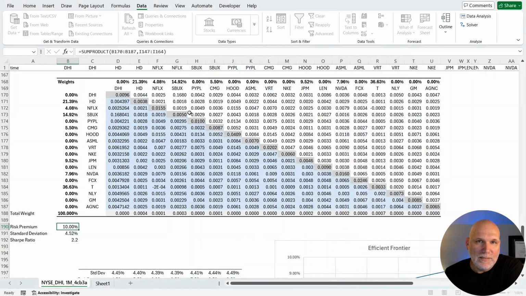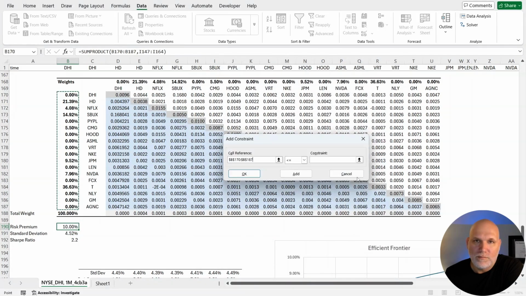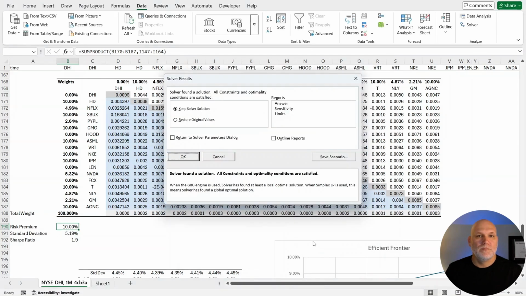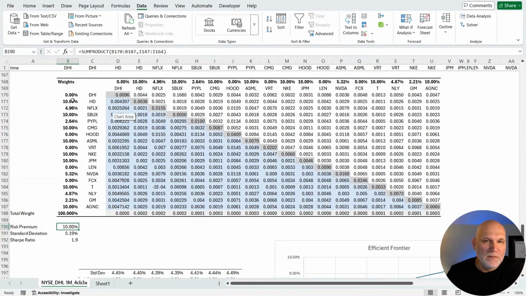So I'm going to add, set my weights, and I'm going to say all of them need to be less than 10%. I don't want any portion of my portfolio to have more than 10% allocation. Okay, solve. There you go. Now it's going to go through, and it picked 10% Home Depot, 10% Starbucks. So it's finding, but look at my standard deviation now.